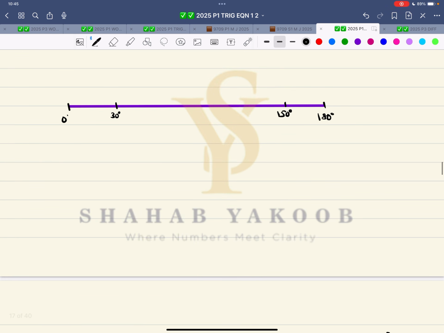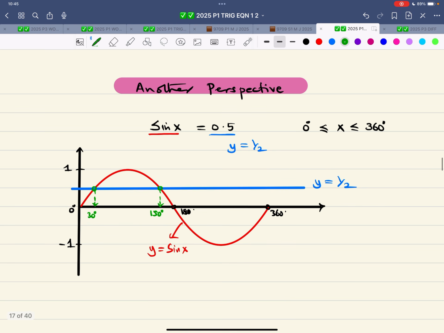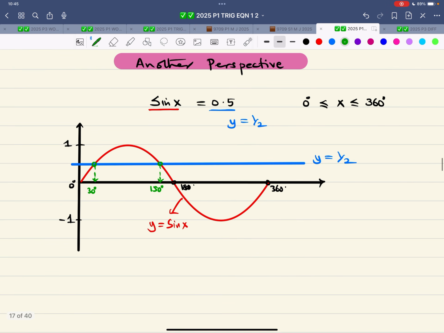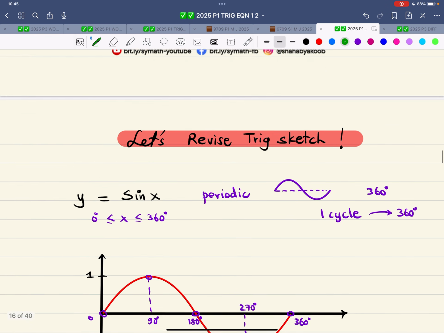So what is the gap over here? The gap is 30 degrees. What is the gap over here? That gap is also 30 degrees. That means you can see beautiful symmetry in the graph of sin x related to these solutions. There are two solutions, and you can see it over here. Now let me focus on this one.